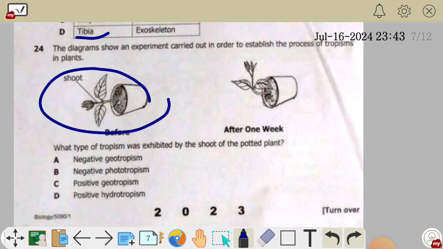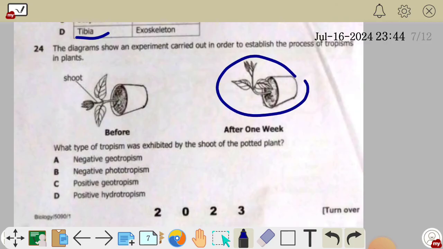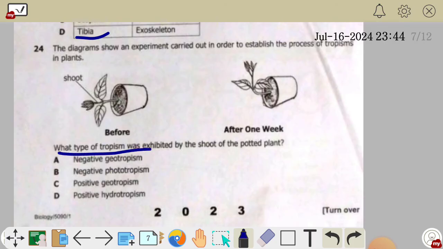So we have this plant here, which was set before, and then after a week we have observed that the shoot is growing upward. So now they are asking to say what type of tropism is exhibited by the shoot, that shoot there, of the potted plant.